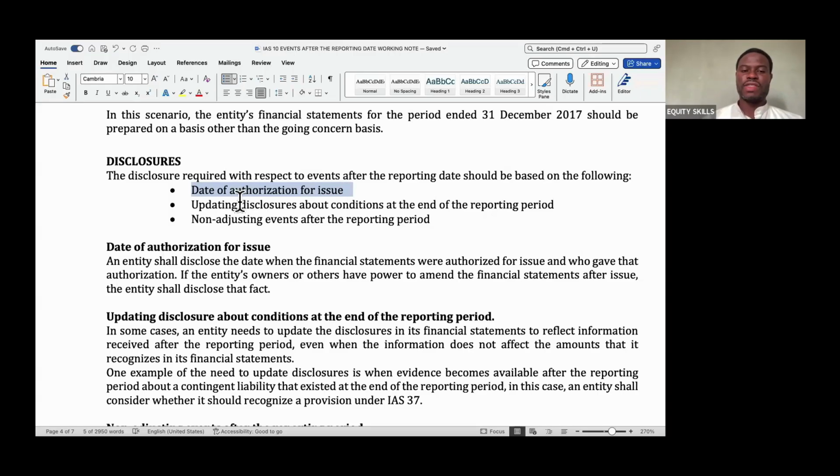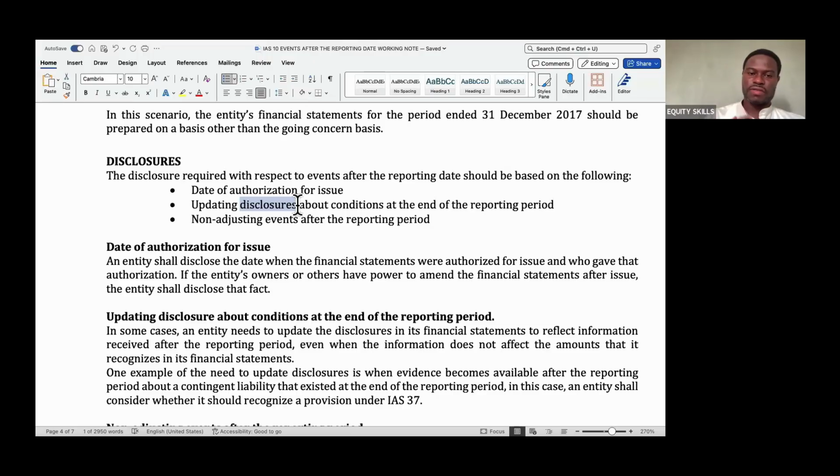And also, if there is any update on disclosures about conditions at the end of the reporting date, like contingent liabilities, for example, that I taught you in IAS 37 that we usually disclose, if there is an update about that disclosure, we need to put it in the notes to the accounts.